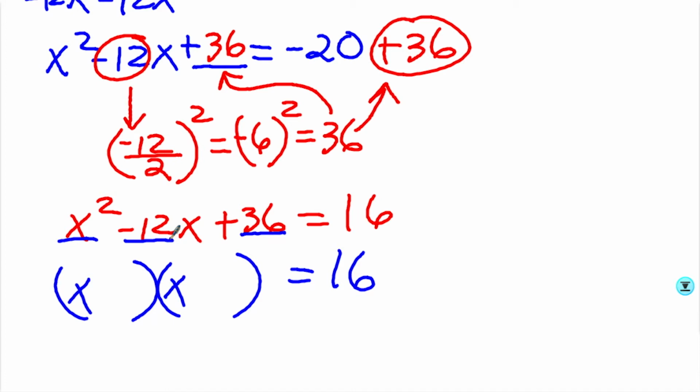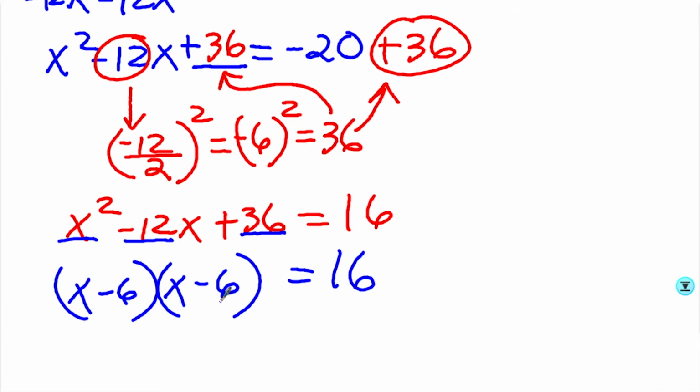Notice that the middle term is negative, the constant term is positive. That's an indicator that both factors of 36 are negative, because remember, I have to multiply two negatives to get a positive. So therefore, the factors of 36 that add up to negative 12 are minus 6 and minus 6. So now I have it factored.